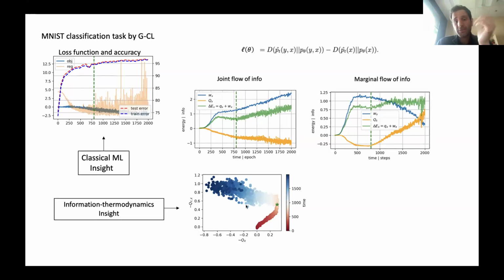As we said, the dissipation of heat, minus Q_X, measures the accumulation of information between X and theta, which we define as L_info. It is the learned information, what you learn about your data. In the first phase, both minus Q_X and minus Q_XY are increasing. And at some point, your system starts unlearning about your X degrees of freedom.